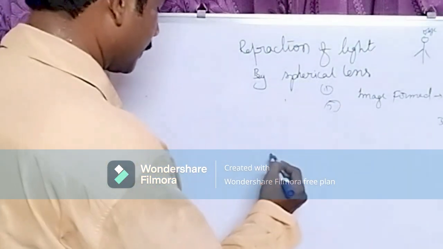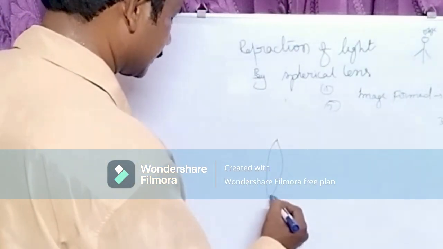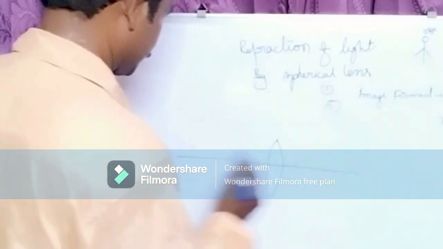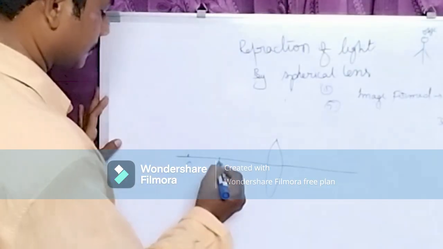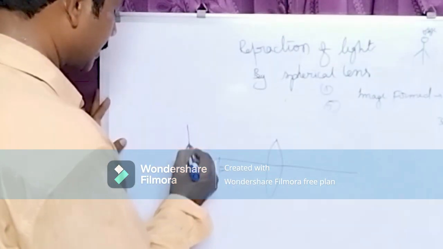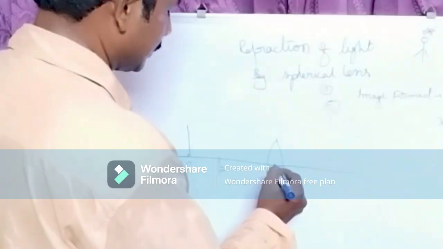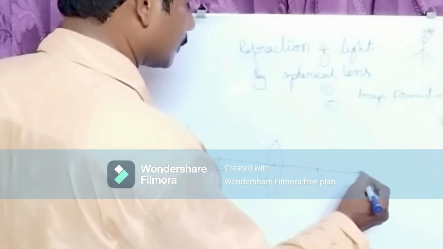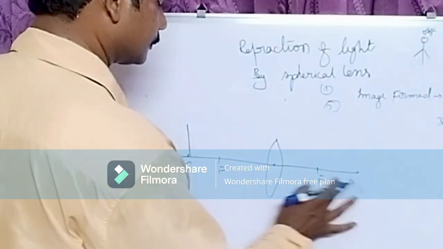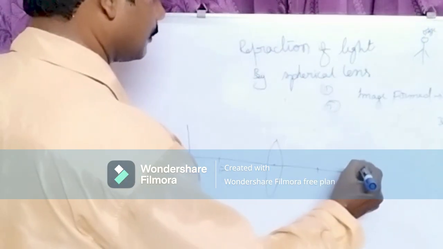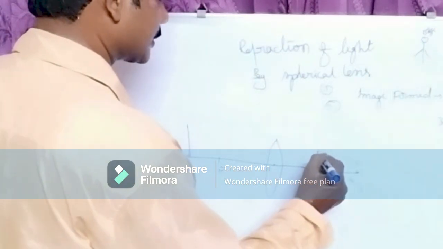Now we take the third case. Object exactly at the radius.